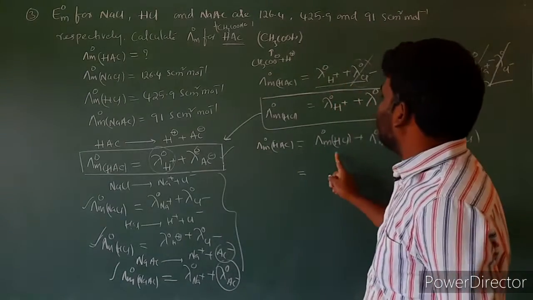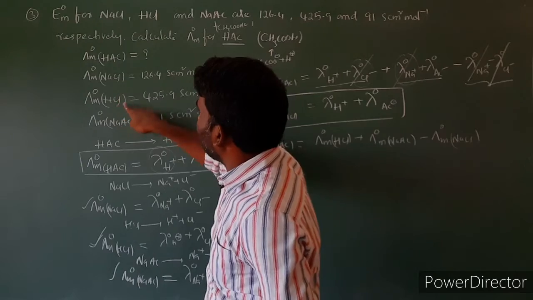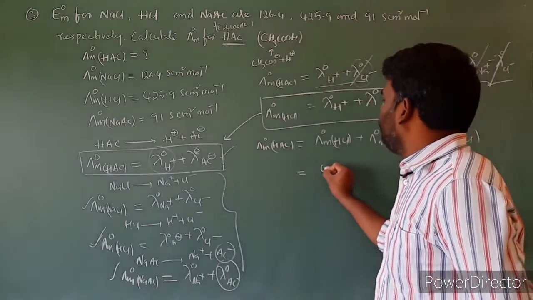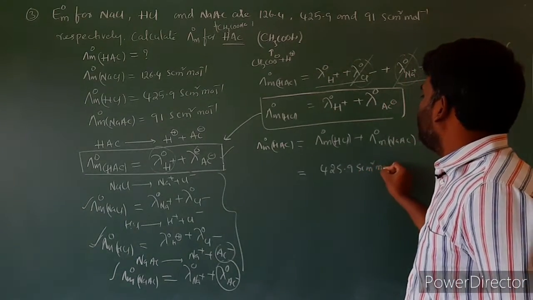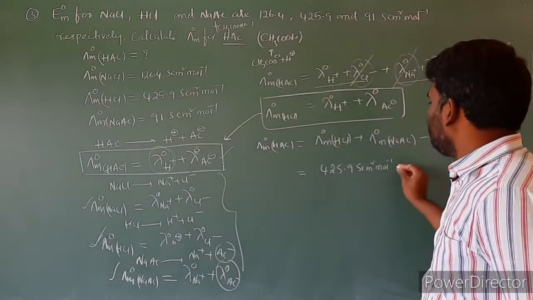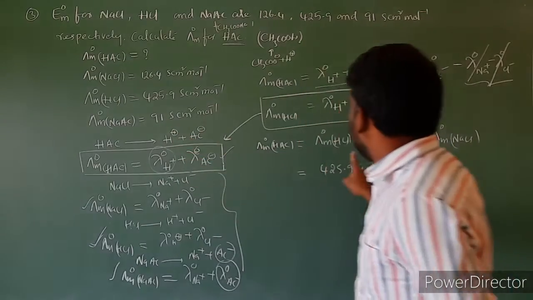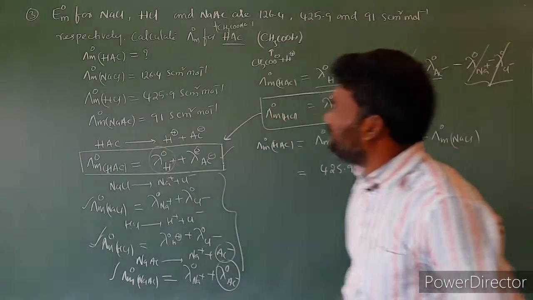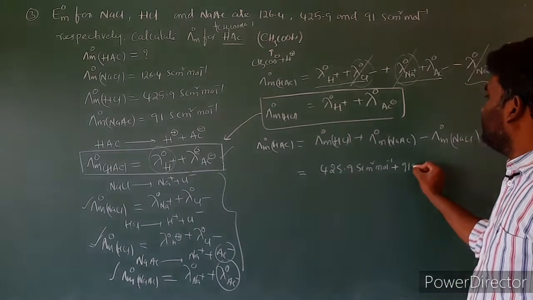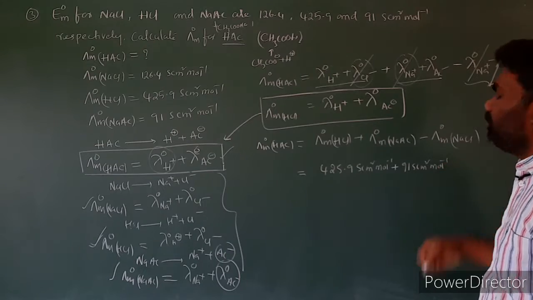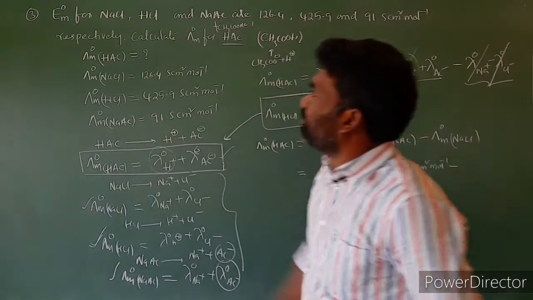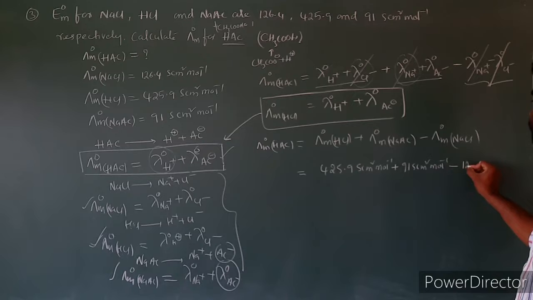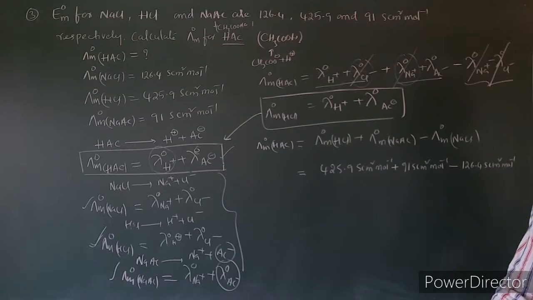Then substitute the values. What is given? Lambda m naught HCl is given as 425.9 Siemens centimeter square mole inverse, plus lambda m naught of NaAC, which is given as 91 Siemens centimeter square mole inverse, minus lambda m naught of NaCl, which is given as 126.4 Siemens centimeter square mole inverse.